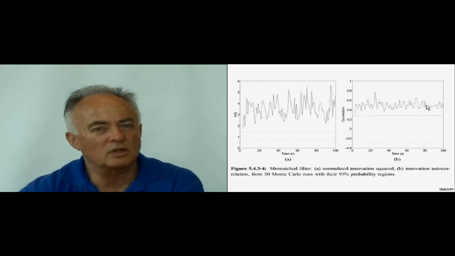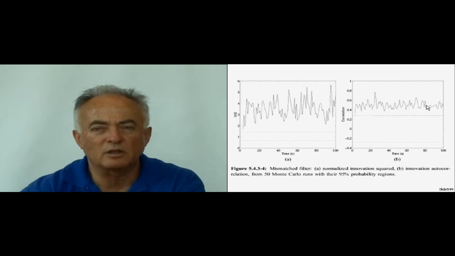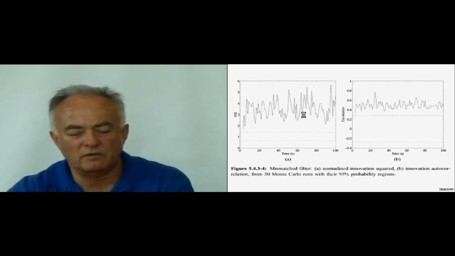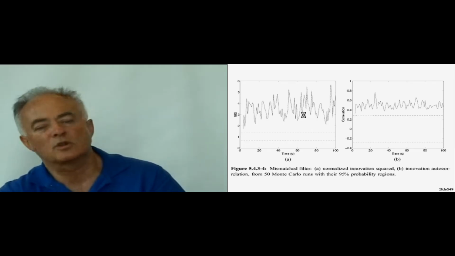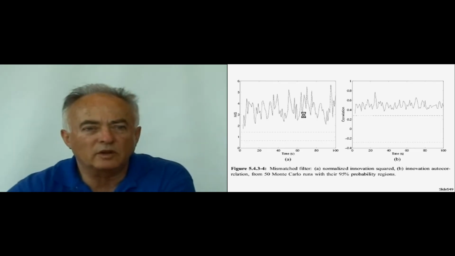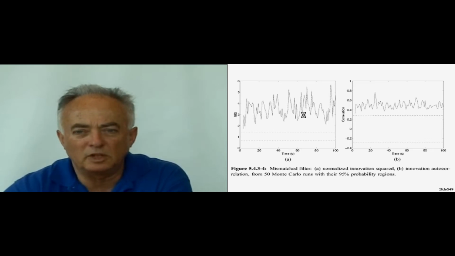So you can see that the poor design causes the innovation sequence not to be white, and to have a much larger variance than calculated, and the same thing for the state. So we have, with this, a clear indication from Monte Carlo runs that the filter is not operating properly.